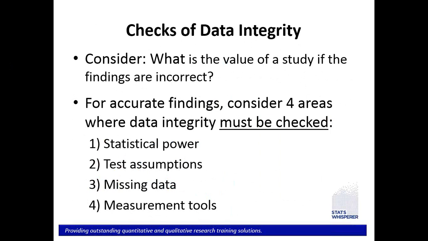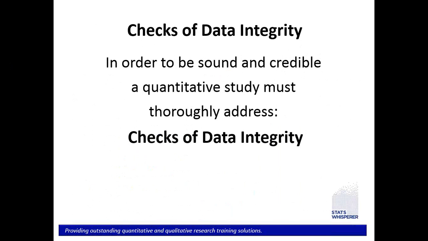Number 1, statistical power. Number 2, test assumptions. Number 3, missing data. And number 4, the measurement tools. So to be definitive, in order to be sound and credible, a quantitative study must thoroughly address checks of data integrity.